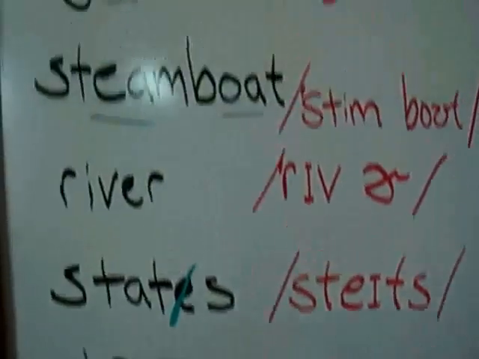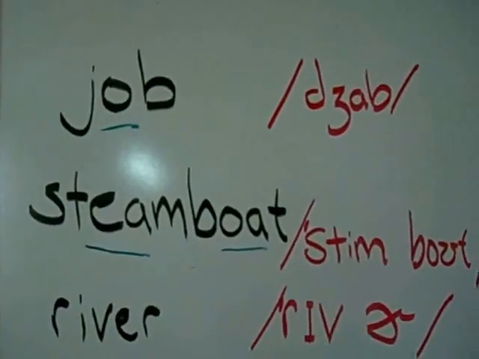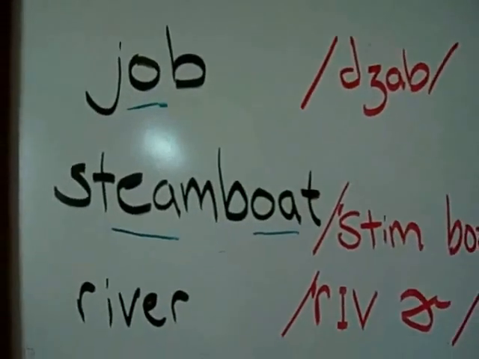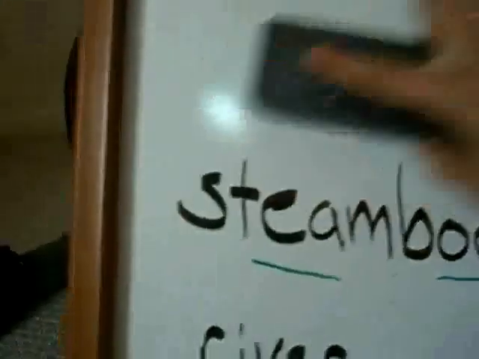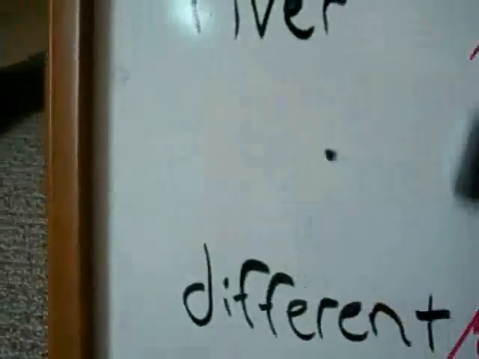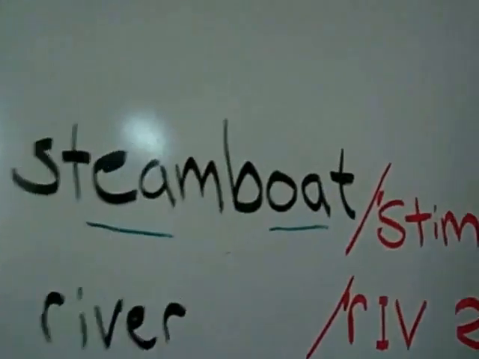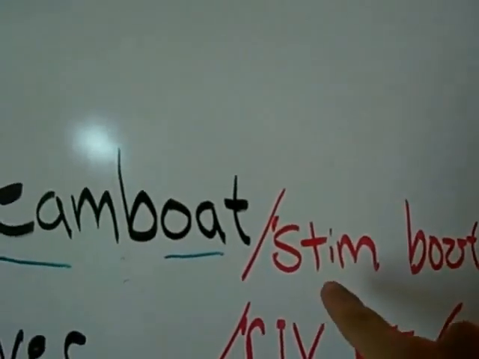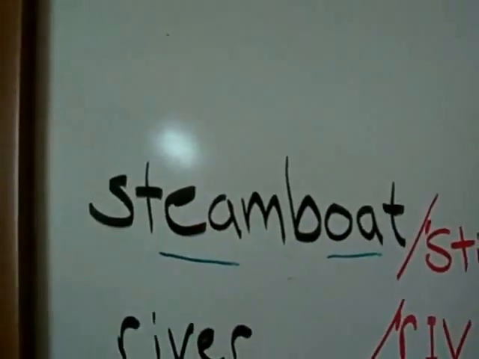So now you know how many syllables there are in each word, we can talk about which syllable is stressed. Now, we can only talk about word stress when there's more than one syllable. So we're not going to look at job, and we're not going to look at state. In steamboat, you will either look in a dictionary and see that the first syllable is stressed, or hear people speak and they'll say steamboat.